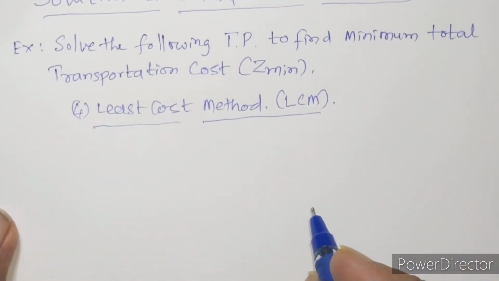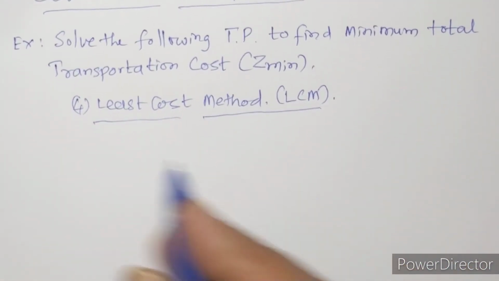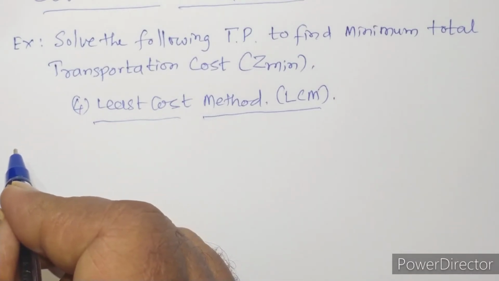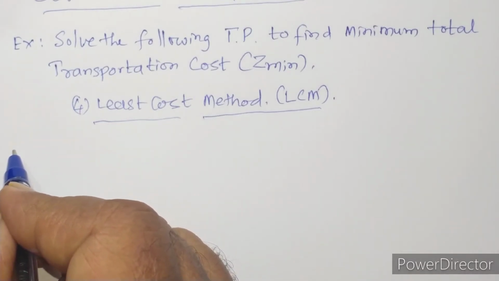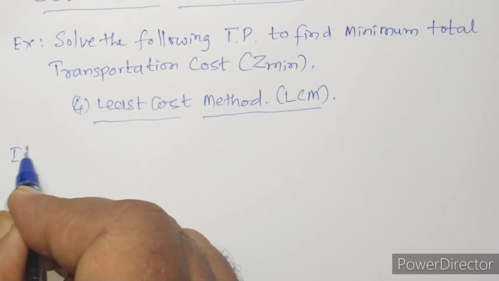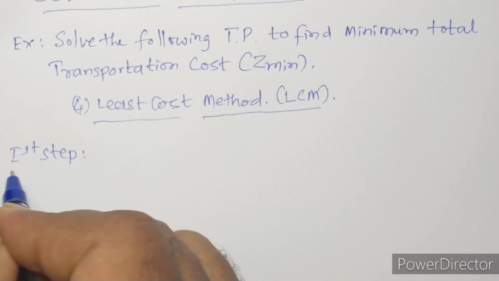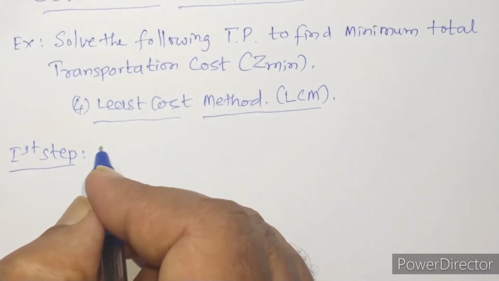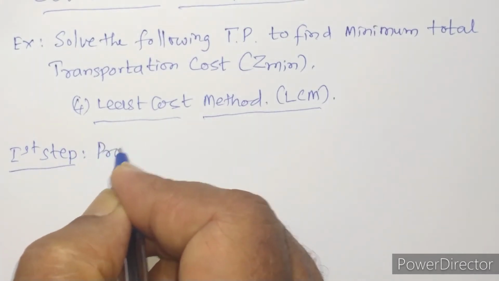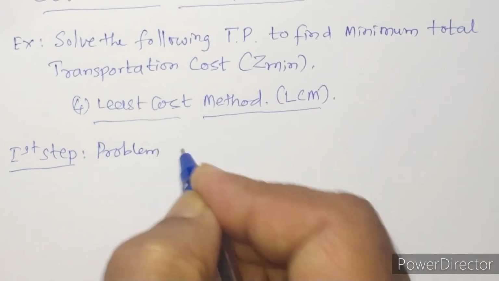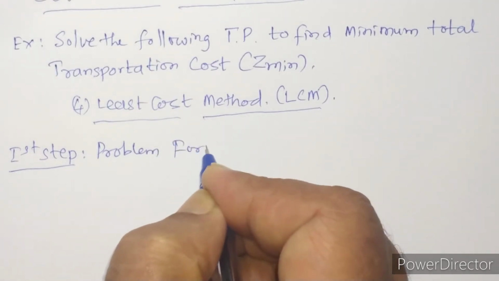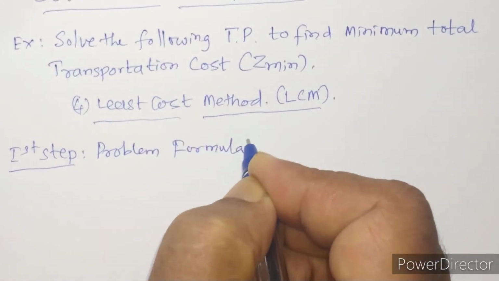So in all these problems, the first step is to form the transportation model. The first step is problem formulation.